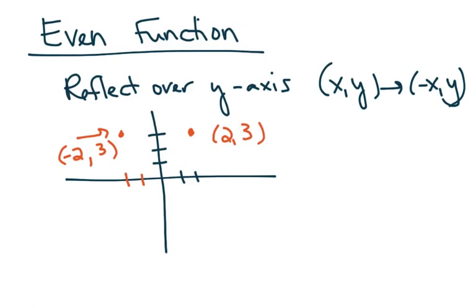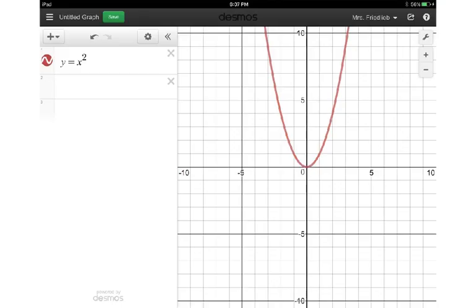Here's an example of a famous even function. Y equals x squared is an even function. Here's why. Well, 1, 1 is on the graph, and so is -1, 1. It lies on the other side of the y-axis. Let's find another one. This is 2, 4. Well, then this better be -2, 4, which it is.